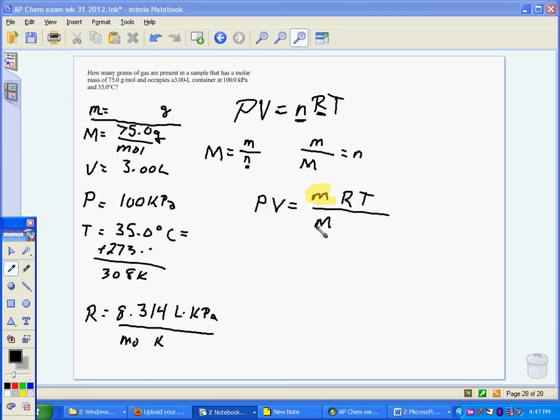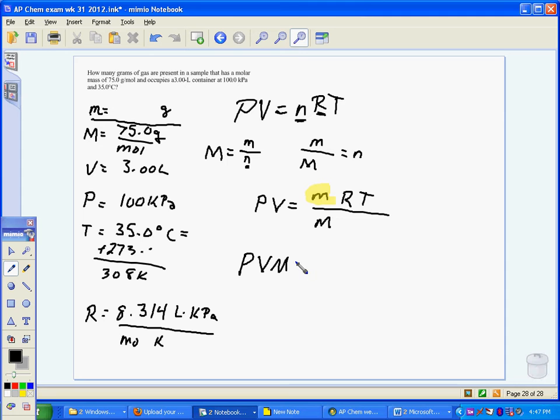So first thing I'm going to do is I'm going to move this molar mass here by multiplying both sides through by capital M, and that gives me PVM equals little m RT.